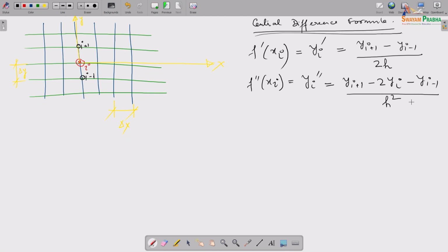Okay, then we have the backward difference.